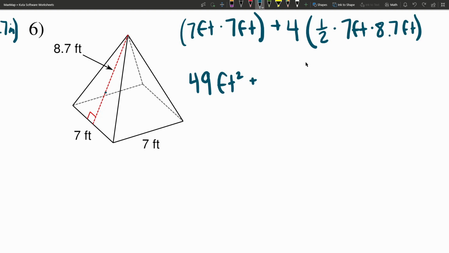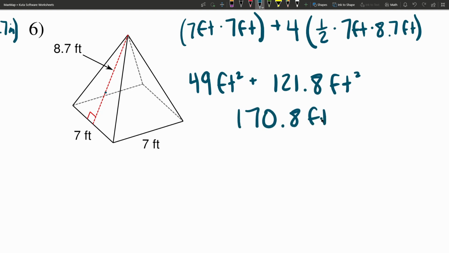So 2 times 7 times 8.7 is 121.8, and that's going to be feet squared, since we're multiplying feet by feet, and multiplying feet by feet on this side, we also get a feet squared. Summing this together, 121.8 plus 49 is 170.8 feet squared for our surface area of our pyramid in number 6.